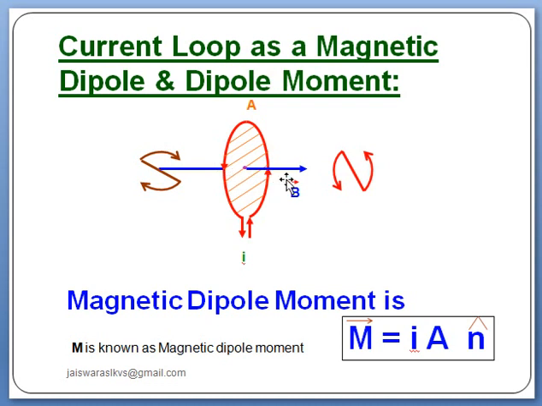Then from one side, if we observe for this diagram, if you observe from right side, then the direction of current will be, please tell, either clockwise or anti-clockwise. If we observe from right side, then the direction of current will be anti-clockwise direction. The direction of current will be anti-clock. And if we look from this left side, then in the same current carrying loop, the direction of current will be clockwise.